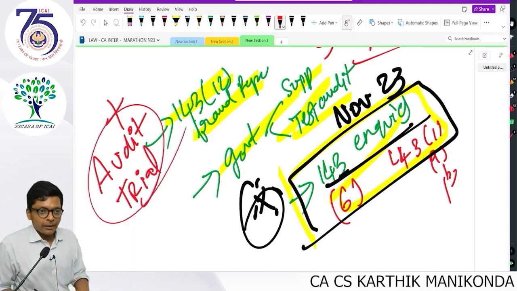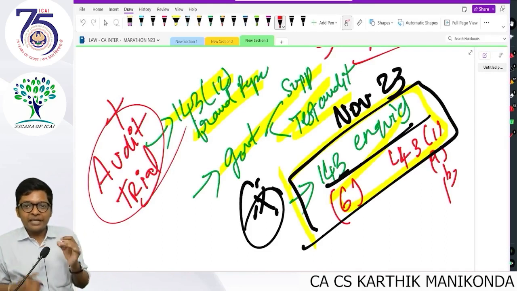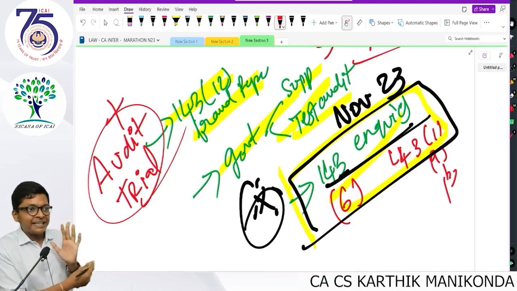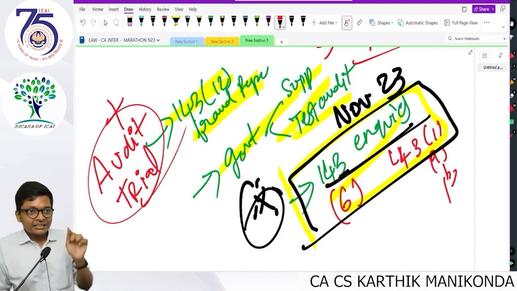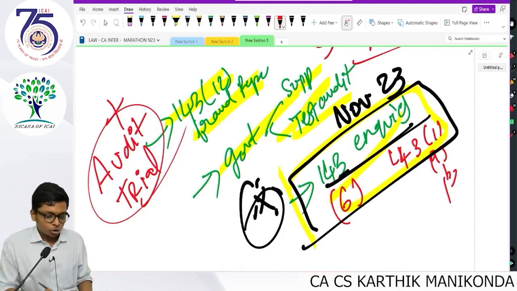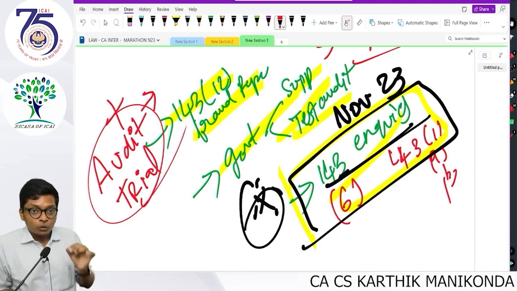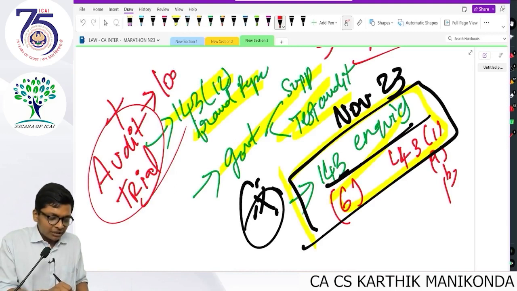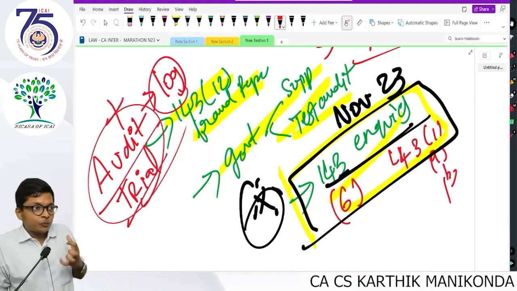Audit trail. Meaning, if you have any accounting software like Tally or SAP for recording transactions: in a notebook, if I delete a transaction, I can see somebody struck it out, but in the system, if I delete, it's gone. So audit trail says, from 1st April 2023, it has become effective for everybody, that you need to create a log or audit trail of transactions.